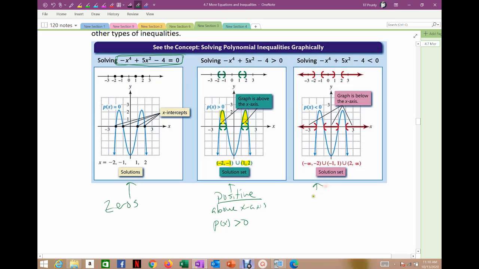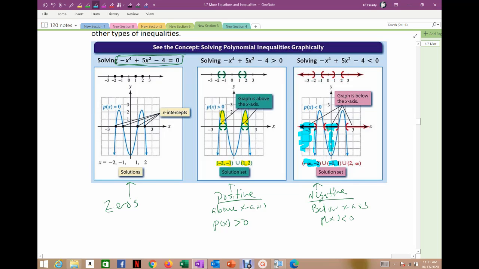In the second case, we're looking for when it's negative, where it's below the x-axis. Well, it's 0 at 1, 2, -1, -2. And so between negative infinity and -2, it's negative. Between -1 and 1, it's negative.